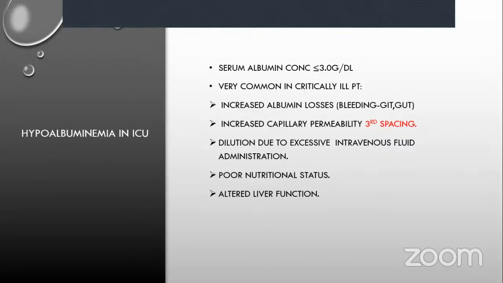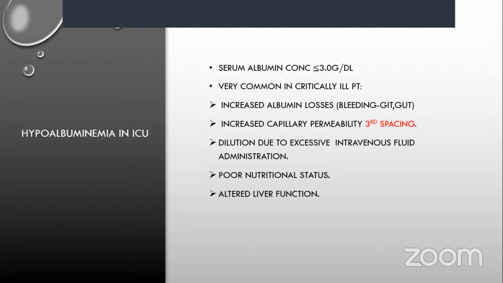So it's very common in critically ill patients because of increased albumin losses. Usually in the ICU, you may have a patient with GI or gut bleeding. Albumin will also be seeping through. Increased capillary permeability, where you have a move from intravascular to the interstitial, which is third spacing, as we're going to see.